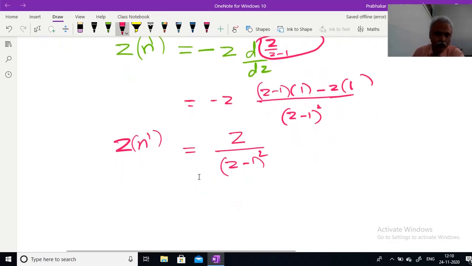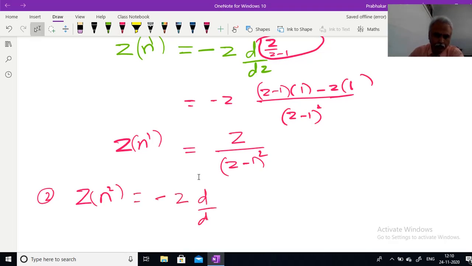Let us go towards Z transform of n square now. Now we know that this is minus z d by dz of, instead of n square here, you have to put n raised to 1.